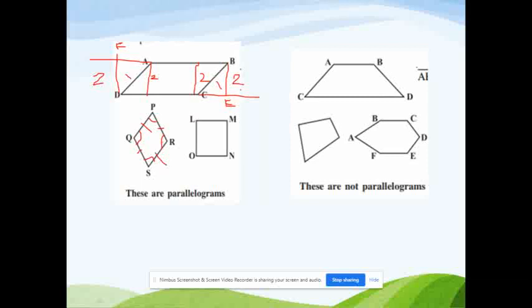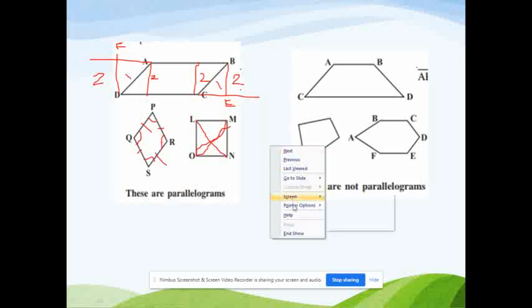Look at here. The next point, diagonals. What is meant by diagonal? I told you, LN. LN is the line segment which connects the opposite vertices. And the other diagonal is MO.